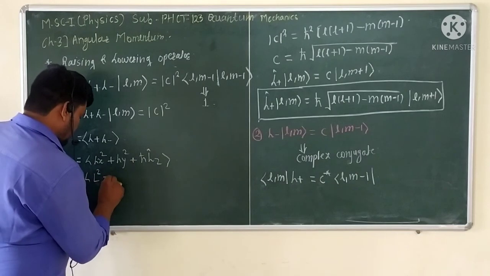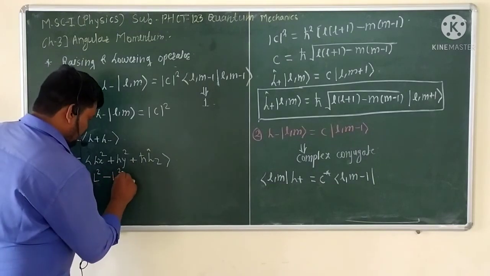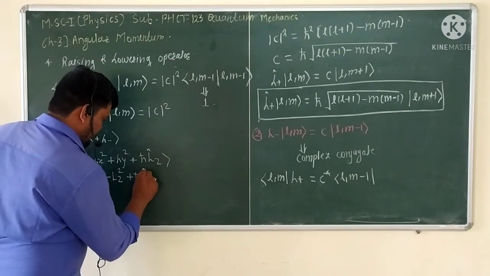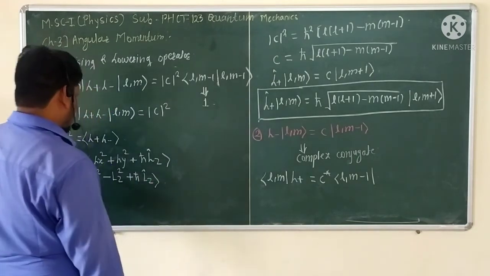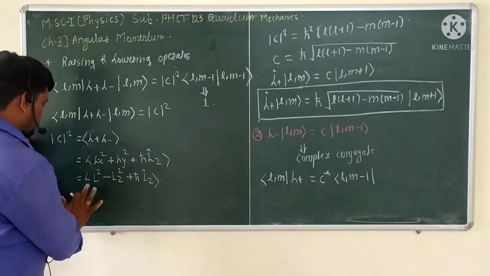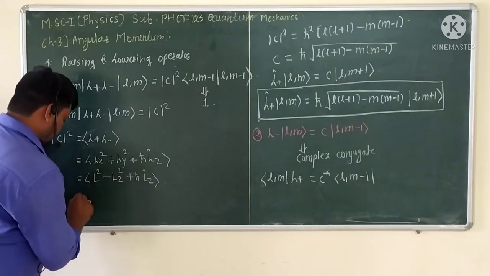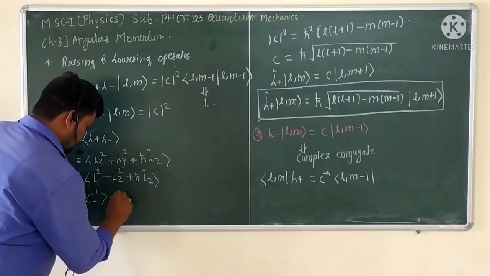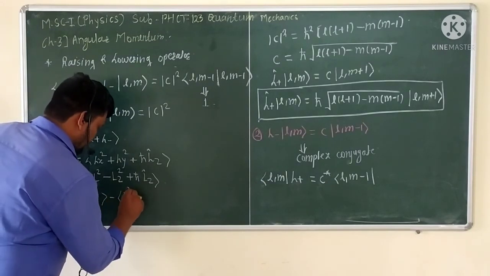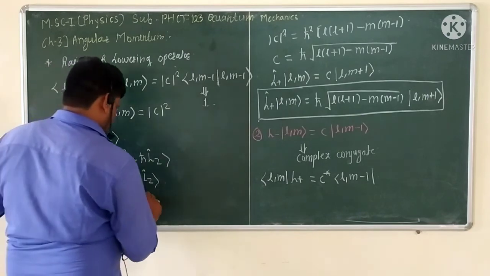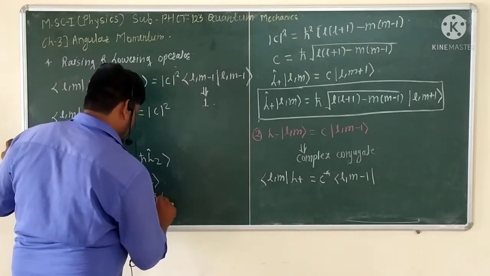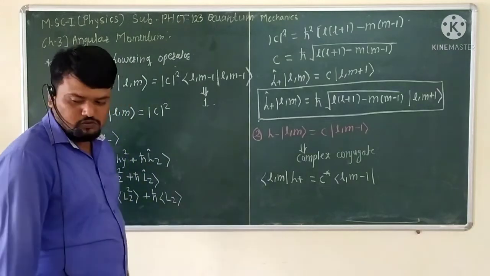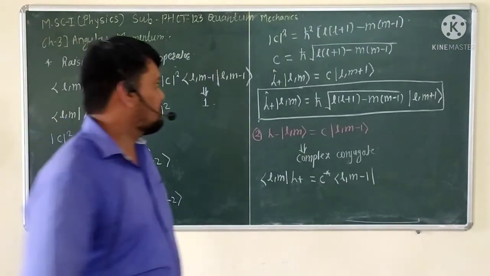If you solve this separately, the expectation value of L squared minus the expectation value of Lz squared plus h cross, with the Lz value taken outside.